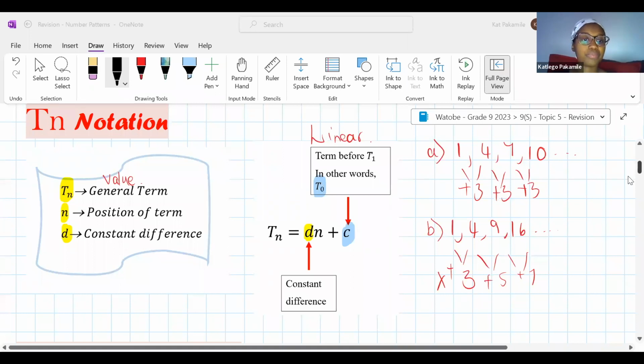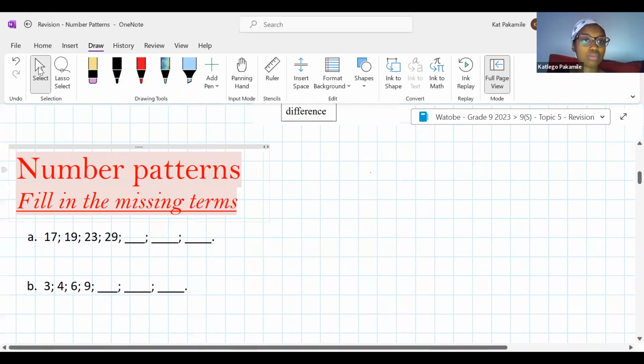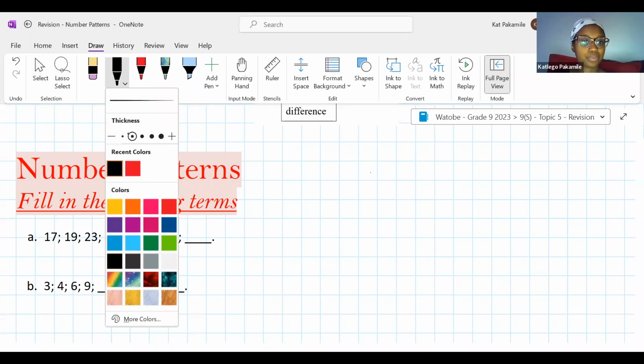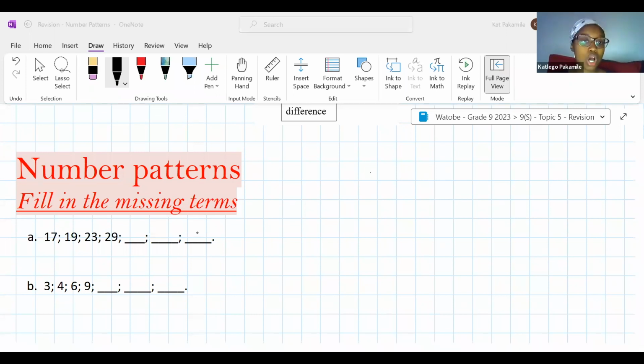Okay, let's see. Now, let us fill in the missing terms in the following number patterns. Let's talk about A. Tell me how to get to the next pattern, and then tell me what the next 3 numbers are of that pattern. Chelsea says add 2. Okay, but 19 plus 2 is definitely not 23.